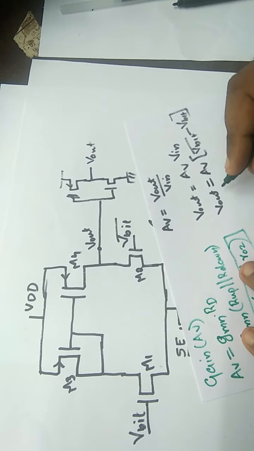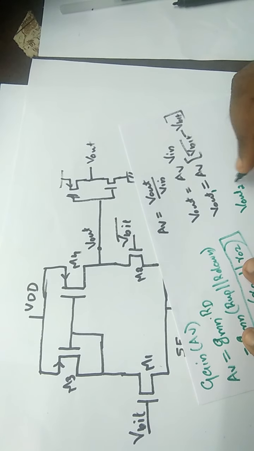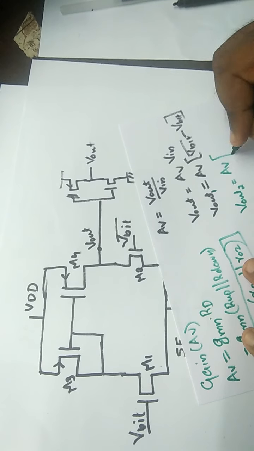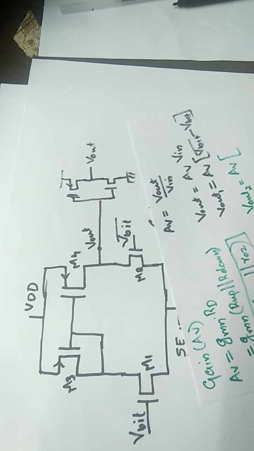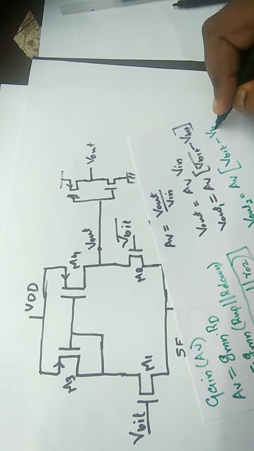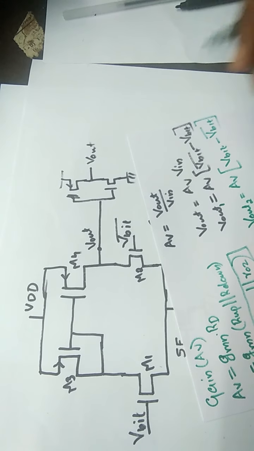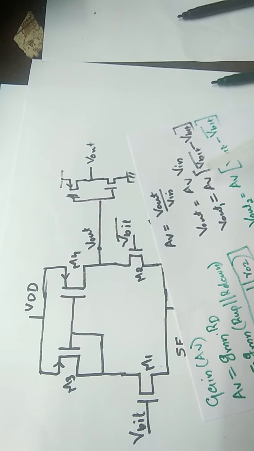In another way, you can define this the same. I am going to represent this as V out 1, and we can also define V out 2, which will be equal to AV into V bit minus V bit bar. The only thing that you should keep in mind is that the input should be the difference input. Both are the same. The only difference between these two is a change in sign, depending on whether you consider V bit bar minus V bit or V bit minus V bit bar.